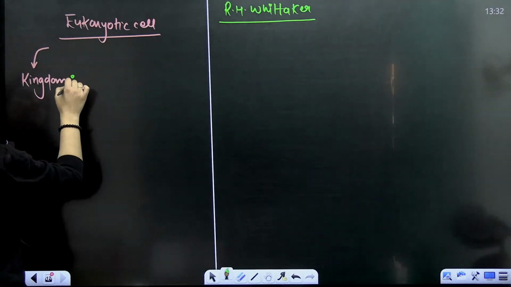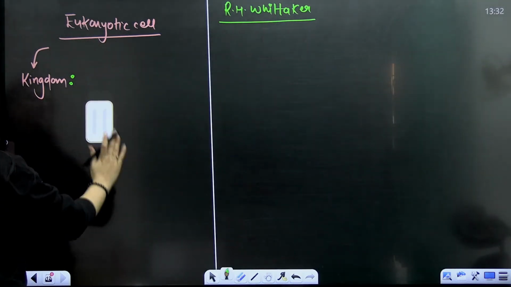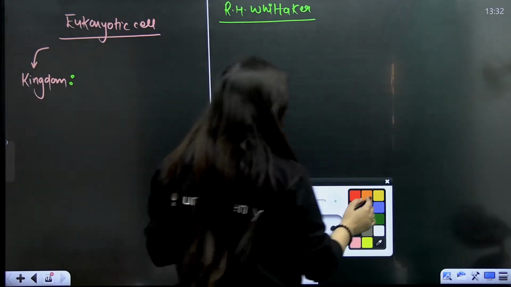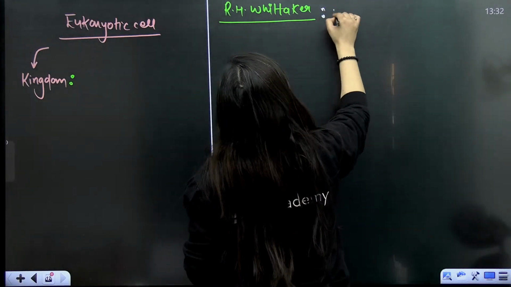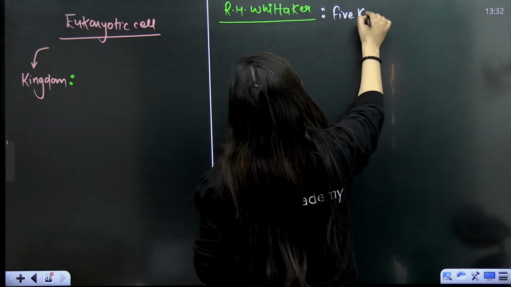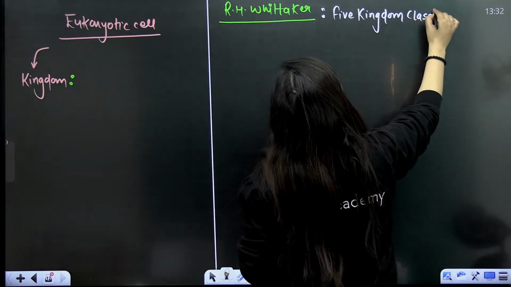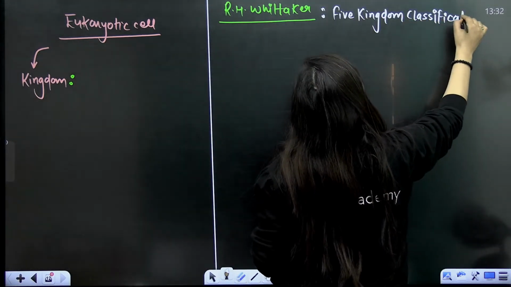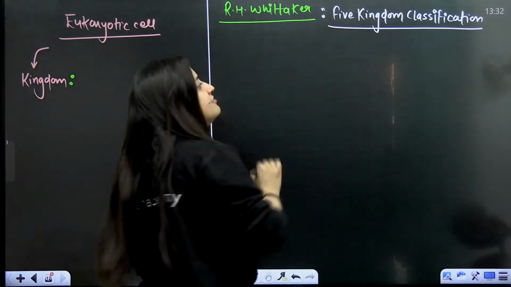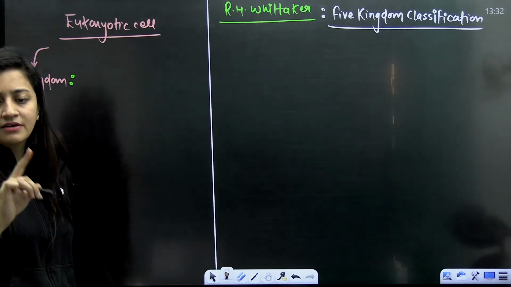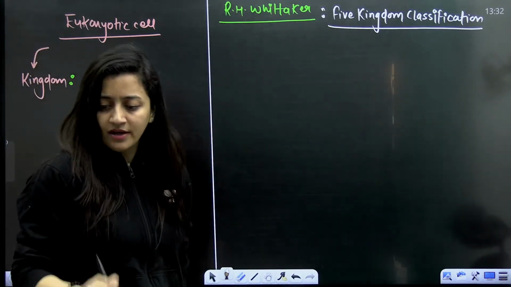So that's what you need to keep in your mind. When you talk about the eukaryotic cell, I told you about R.H. Whittaker. In class 9th also we read about it. He has given us the 5 kingdom classification system. Are you getting my point?